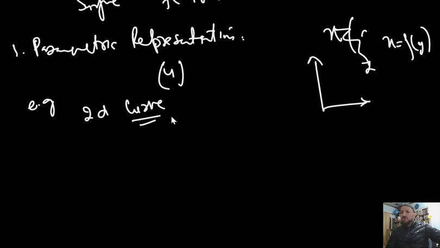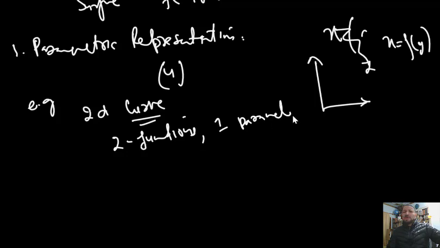So we have two functions and one parameter: x of u, y of u.